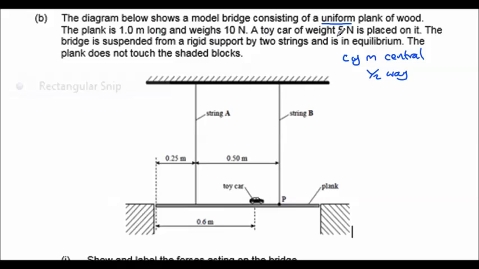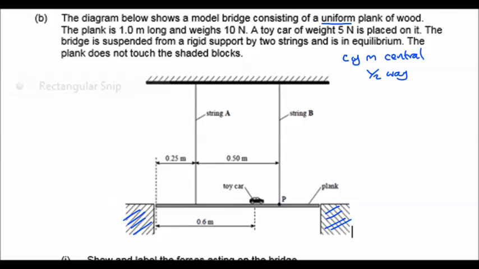And then they've just given us some weights of an object on the bridge, and they've told us that it's supported by these two strings, and that the bridge is not actually supported at all by these two supports here, or these two pillars. They just sit there. You don't have to worry about those. There's not going to be any forces involved.